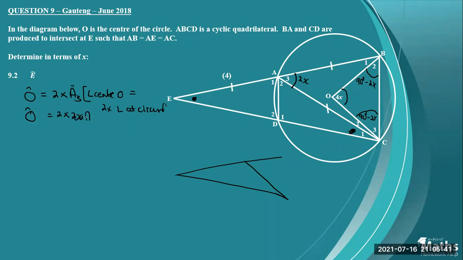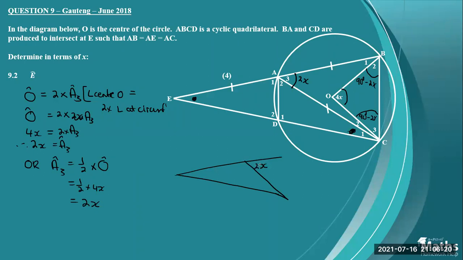Sorry, I'm messing up. And angle O is actually 4x. It's equal to 2 times angle A3, so you just divide by 2. Or you can actually say angle A3 is equal to half of angle O. So that's half of 4x. That's 2x. Right.